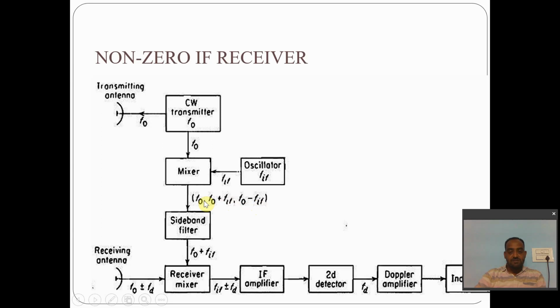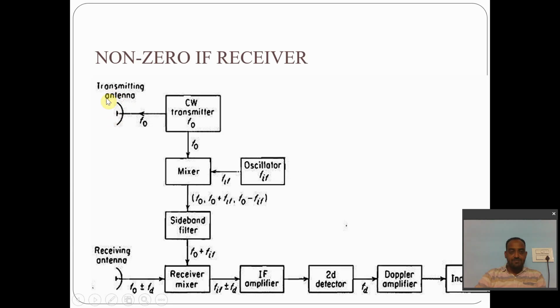Out of all these frequencies, the sideband filter is a high pass filter, not a low pass filter, which passes only the high frequency, F0 plus FIF. It will block F0 and F0 minus FIF. The output frequency F0 plus FIF is heterodyned again with the received signal.